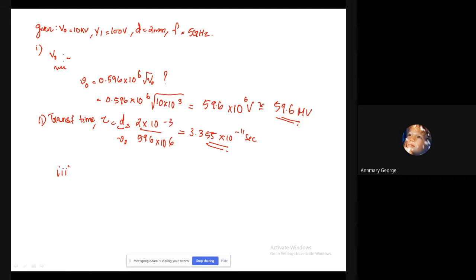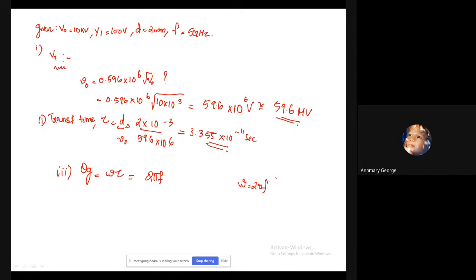Next, we have to find theta g, the transit angle. What is the transit angle? Omega tau. We know omega equal to 2 pi f.